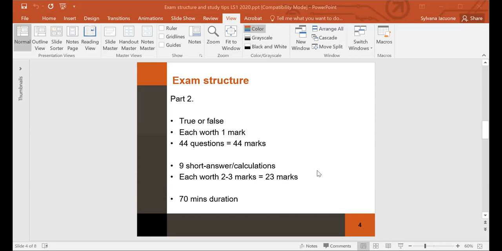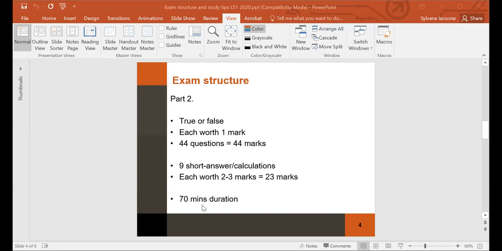So this is important if you want to try and pick up extra marks, sort of marks by default, even though you've got the incorrect answer. Okay. All right, so that's an important tip for you.